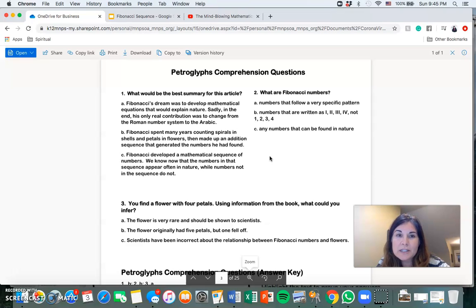We want to summarize it and keep it simple, but be able to express the main idea and the main points of the article. So, A, Fibonacci's dream was to develop mathematical equations that would explain nature. Sadly, in the end, his only real contribution was to change from the Roman number system to the Arabic.